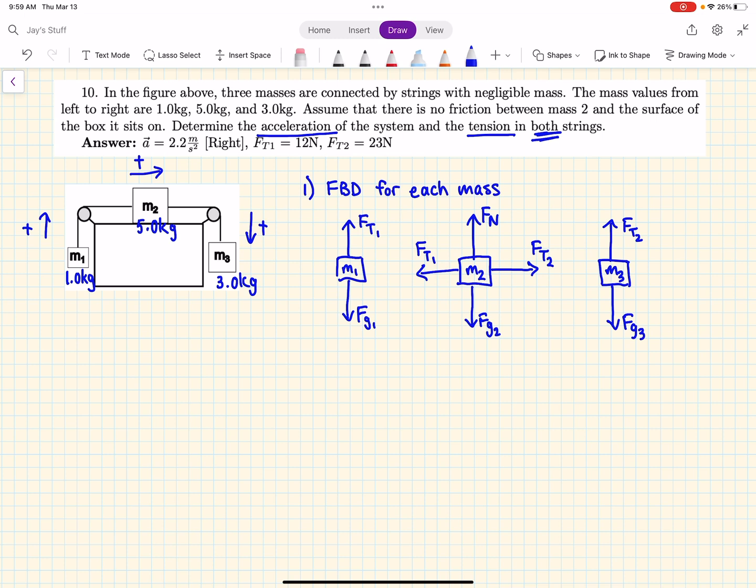The tensions will cancel out and you can get to acceleration. But an easier way is to use what they call a system approach. So I'm going to say use a system approach to determine the acceleration.